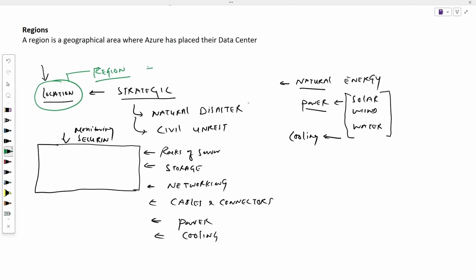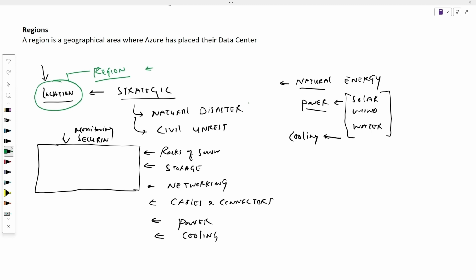So it is a strategic location, and an important point to note is a region is not a country. Basically, a country doesn't have only one region. If you take the example of the US, the US has multiple regions: East US, Central US, West US, and other regions.